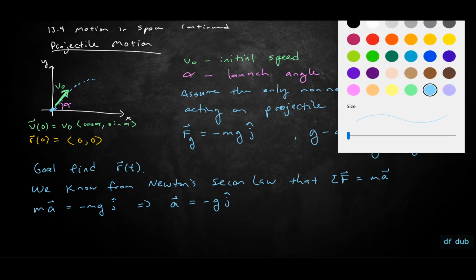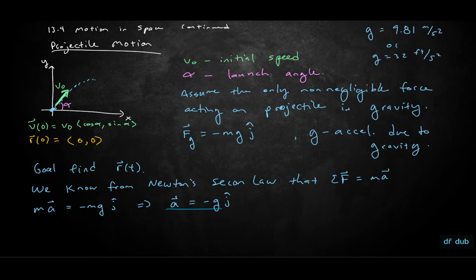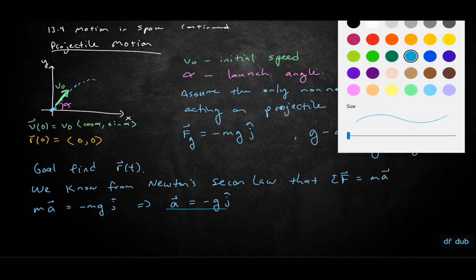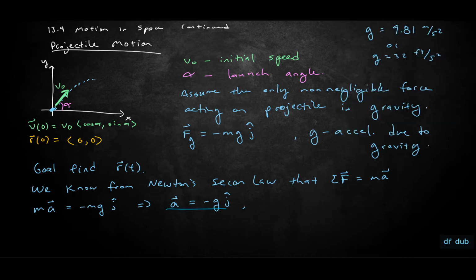So now we have our acceleration. We need to find our velocity, and then our position. So the velocity is going to be the integral of a dt, which is going to be some constant c1 i hat minus g times t plus constant c2 j hat. So that's the velocity.